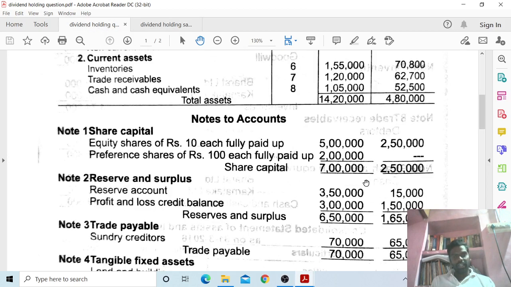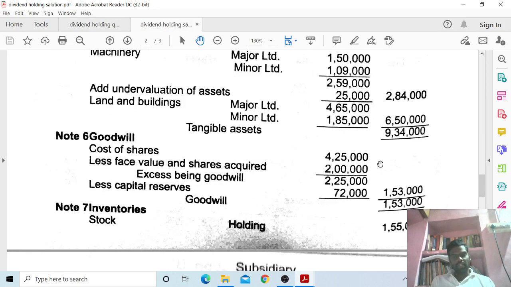Face value is 2,50,000 at 10 rupees each, and 80% of the shares means 2 lakh rupees. So I have to take 2 lakh here.